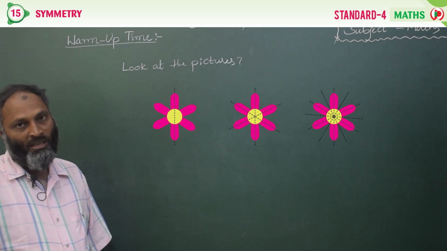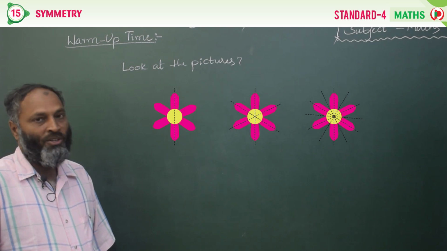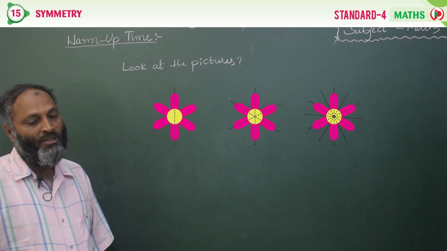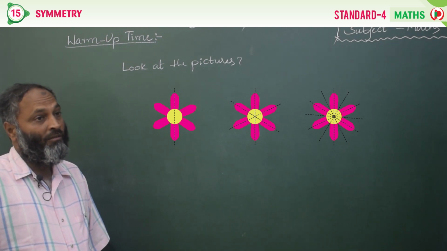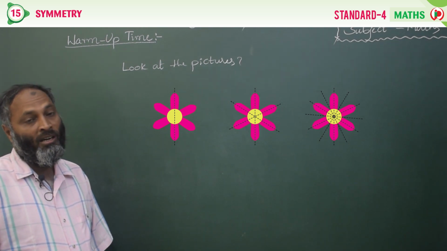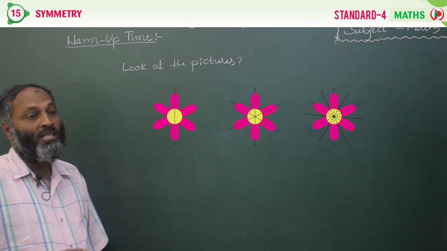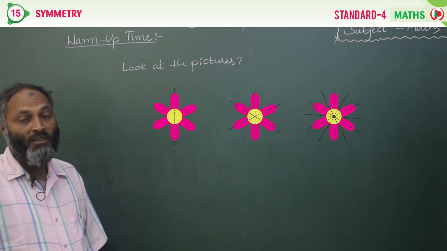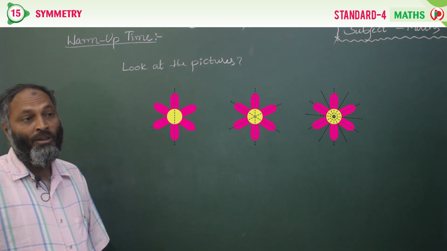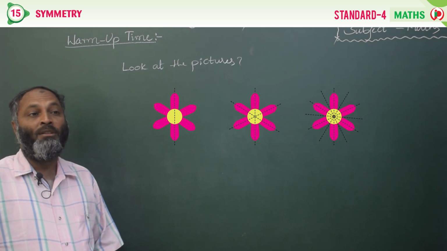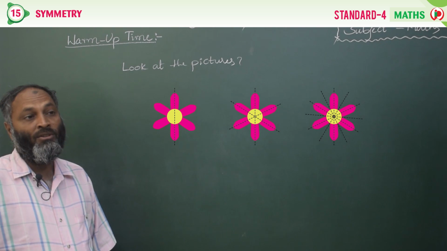In the next picture, just count, there are 6 lines of symmetry. Why do we call these 3 or 6 lines lines of symmetry? Because the 6 lines divide the given flower into identical shapes. So maximum, how many lines of symmetry can we draw? Total 6.